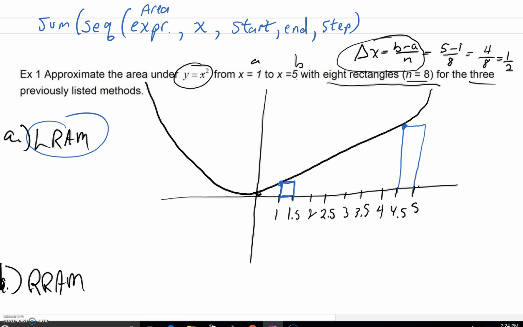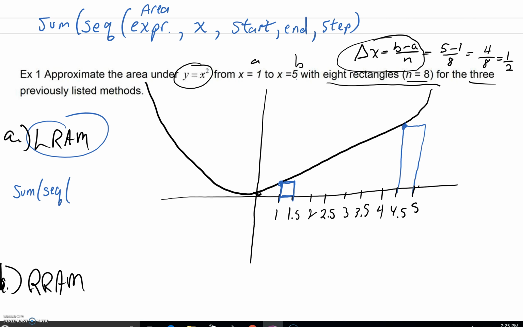So I guess what I'm trying to point out to you is right now, if I were to write this out, if I were to try to get this going, you could say, well, let's see, we could say sum sequence. We'll do sum sequence. And you can think, what on earth is our area expression?